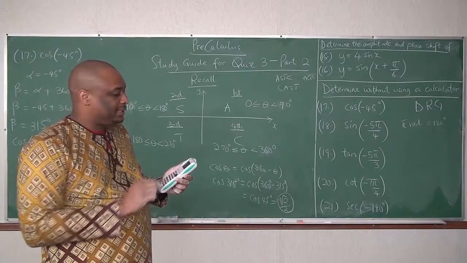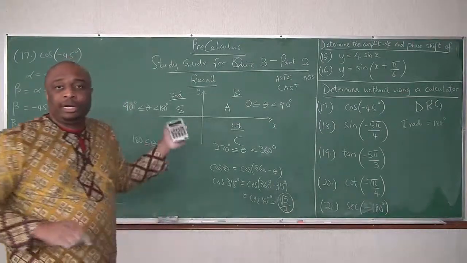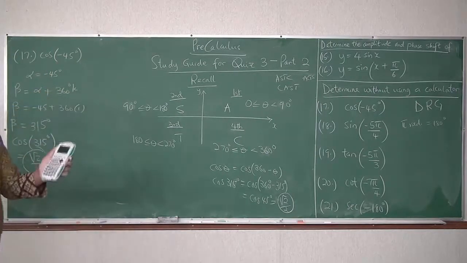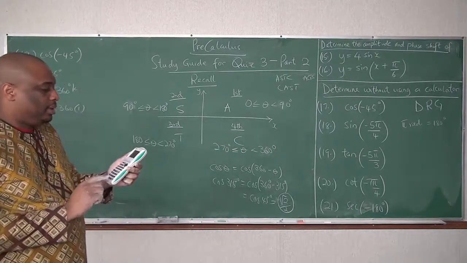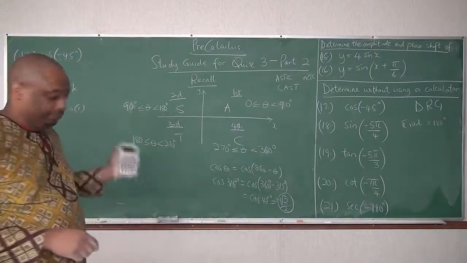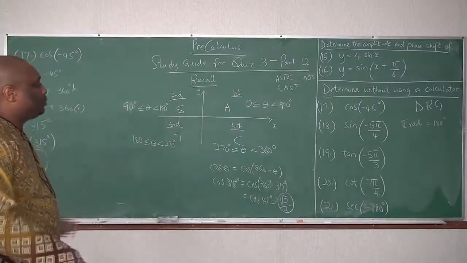I close my parentheses. Put your parentheses when you do the negative. And that gives me the same thing here, root 2 over 2. Alright, next one.